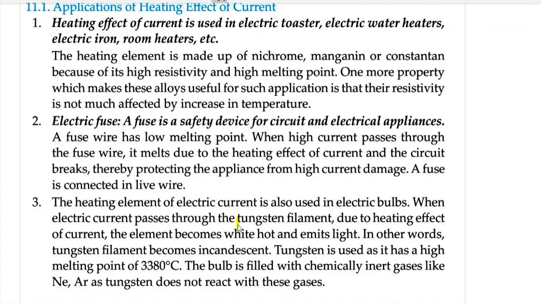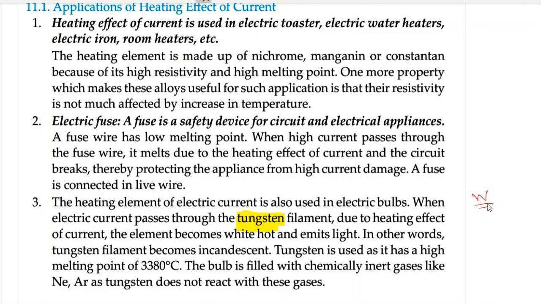What is the chemical symbol of tungsten? It is W, capital W. Okay, so tungsten filament is used, and it is coated with some metal like thorium. Thorium, yes, if I'm not wrong, it is thorium.